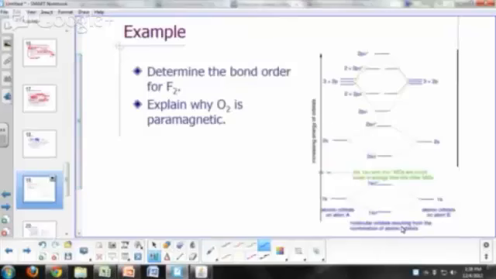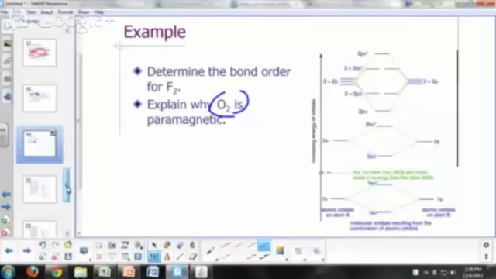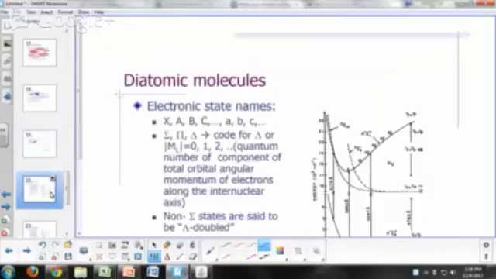So this was the example for fluorine. The bond order is 1 for fluorine. And how do you explain why O2 is paramagnetic? You have unpaired electrons in the outermost sublevel.